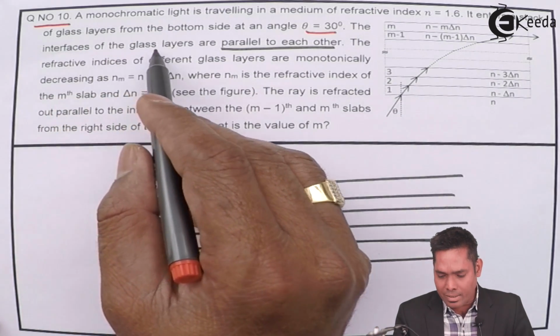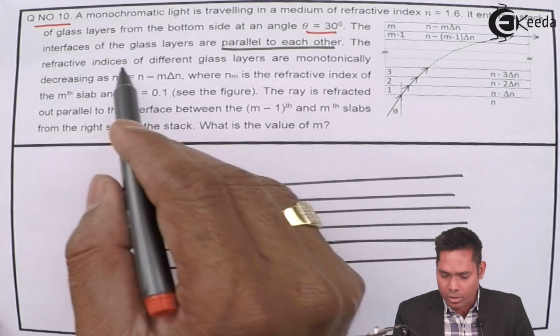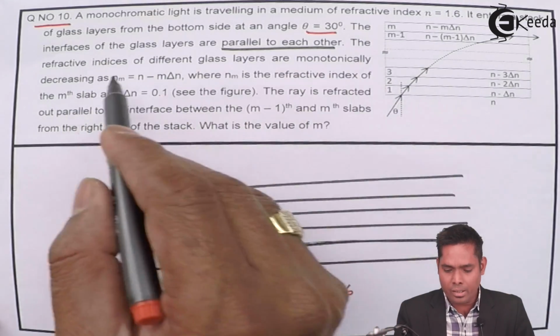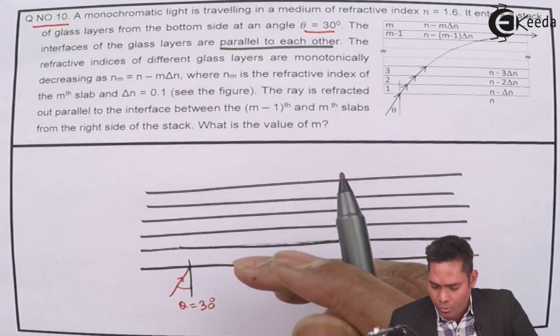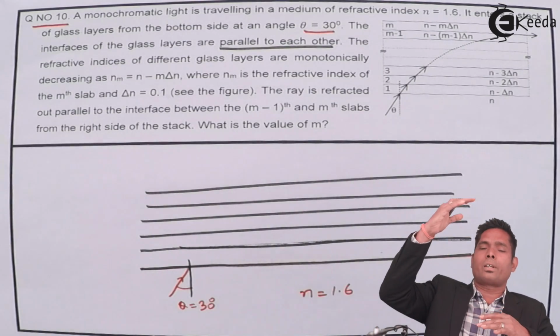The interfaces of the glass layers are parallel. The refractive indices of different glass layers are monotonically decreasing. So the refractive index decreases from bottom to top, gradually.